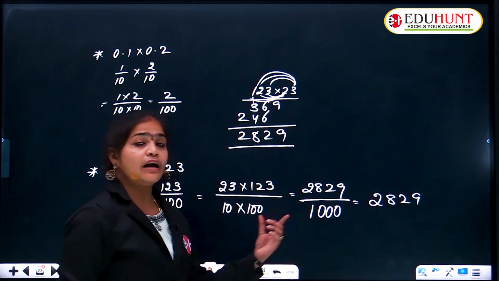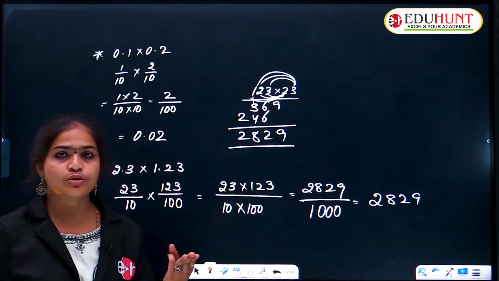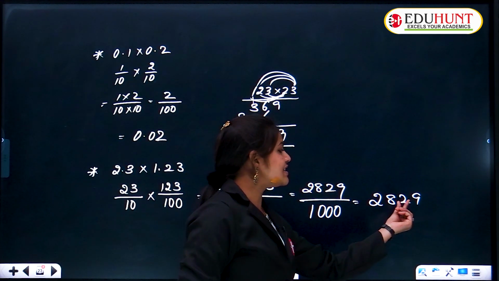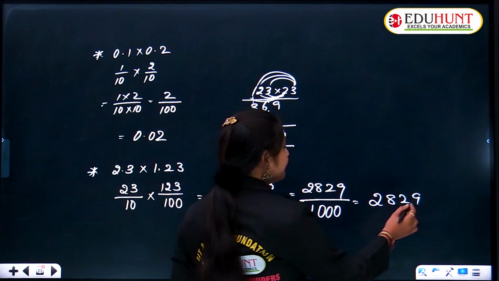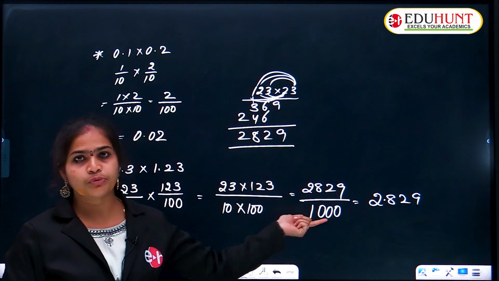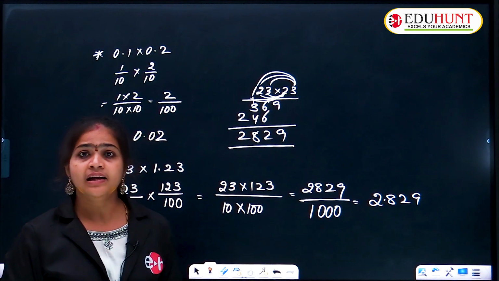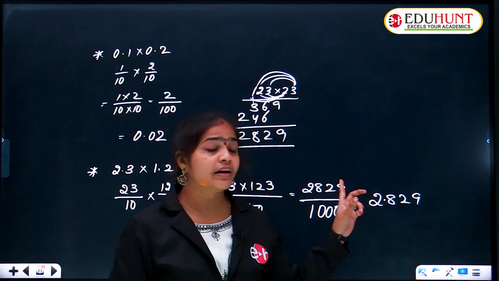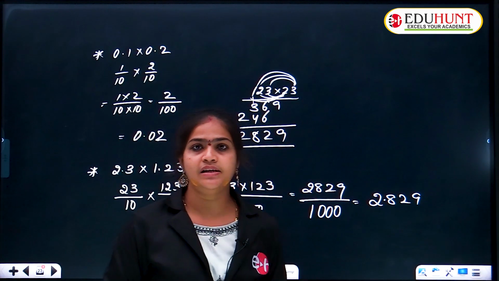Now in 1000 how many zeros are there? 3 zeros, which means you have to keep the point 3 digits from the end. 1, 2, 3. 2.829 is the required answer. Understood? This is the multiplication of a decimal by a decimal.